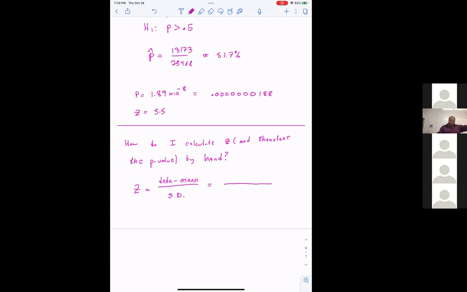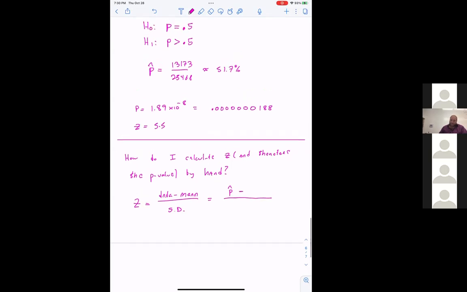Well, our data is just going to be our p hat. That's what the data gave us, the value that we calculated. The mean is going to be what we expect p to be under the assumption of the null hypothesis.